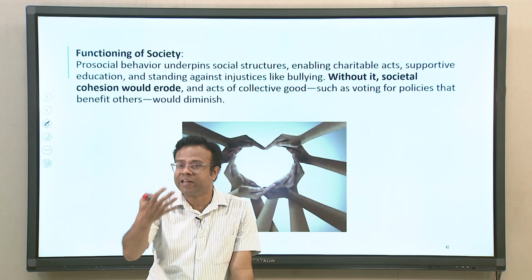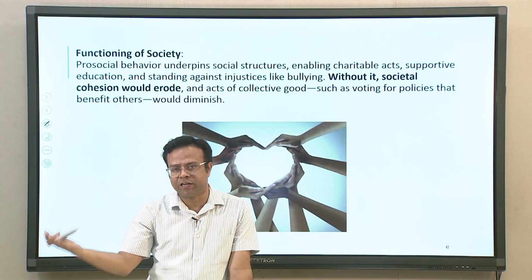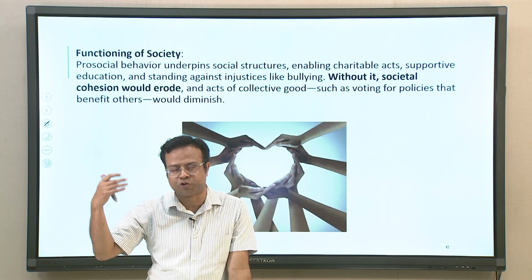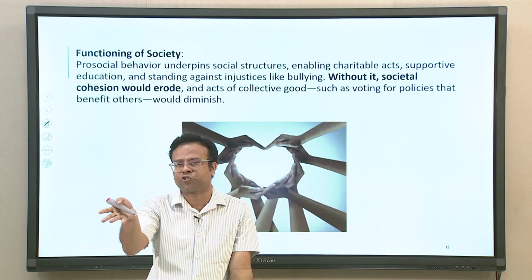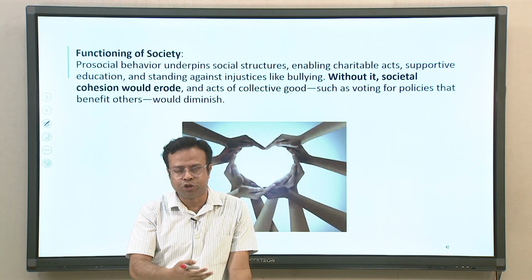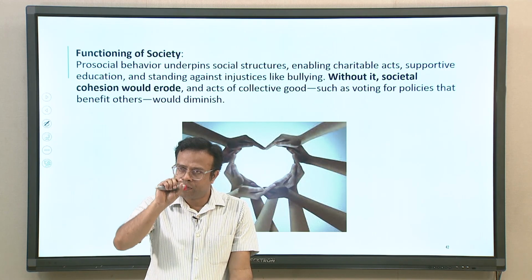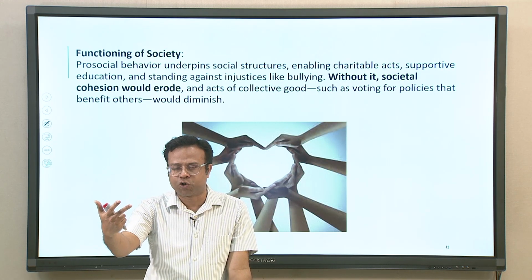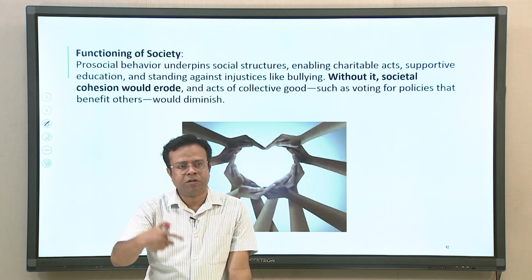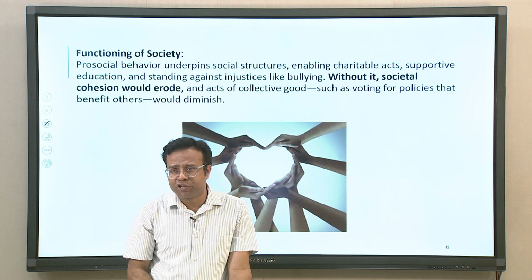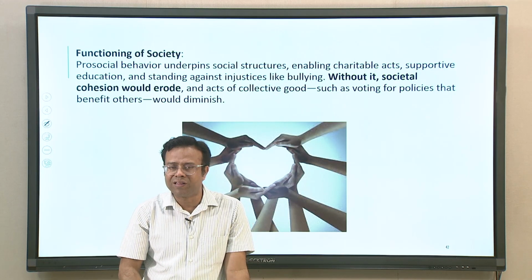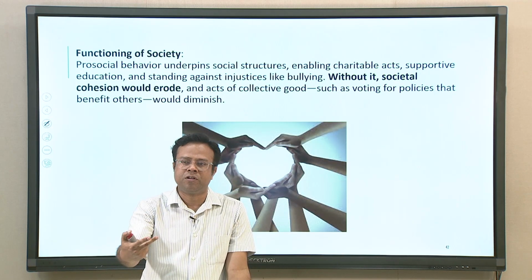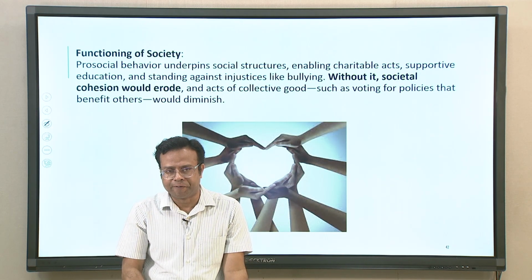If you are seeing that society is disintegrating in a lot of situations, or a lot of societies are disintegrating, one of the reasons is that kindness and prosocial behavior are decreasing in those societies, which can manifest in the form of various conflicts, doubts, and lack of trust in relationships between groups, between individuals and so on. All these are a reflection of lack of kindness and prosocial behavior.